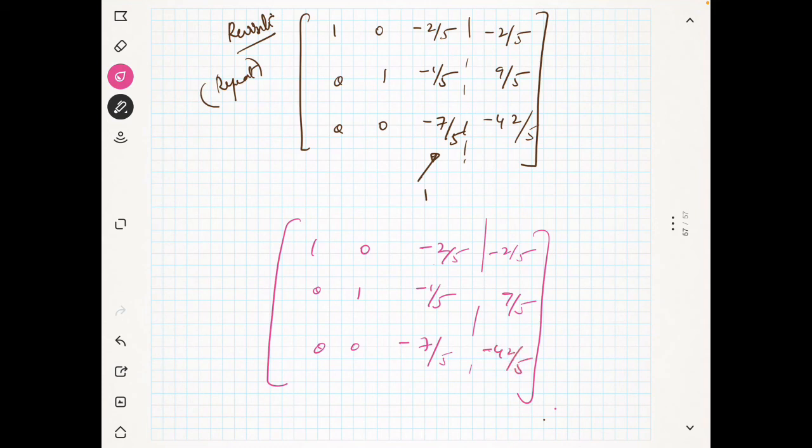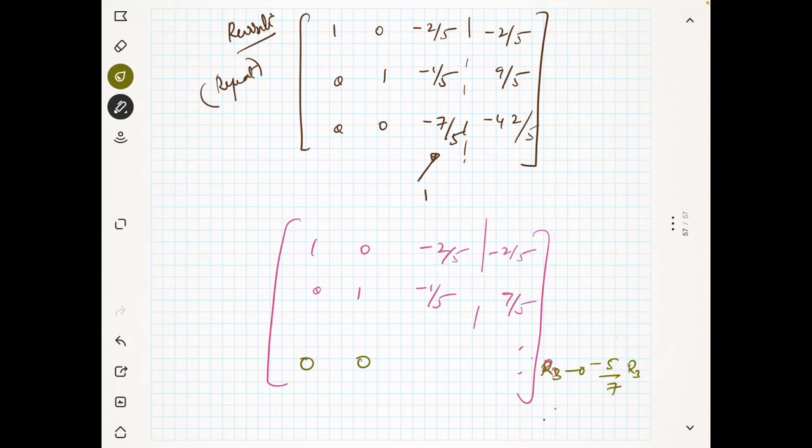So I am going to multiply now. I am not going to write it directly. I am going to multiply our row 3. I am going to change it with minus 5 by 7 into row 3. So if I multiply with 0, no issue. 0, again 0.